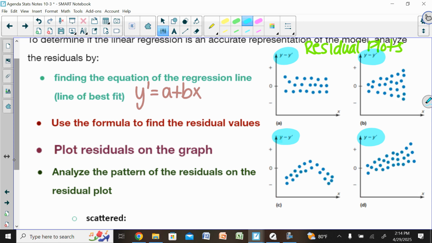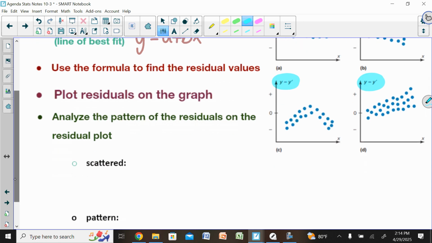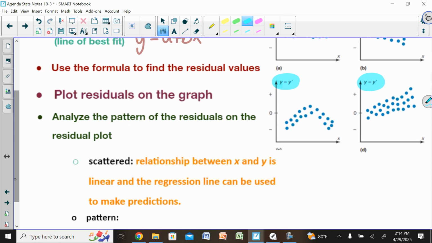So nice and neat and scattered means X and Y has a linear relationship and a line is the best model. Or the way I say it a lot of times, like in an assignment, I would say a linear model is appropriate.